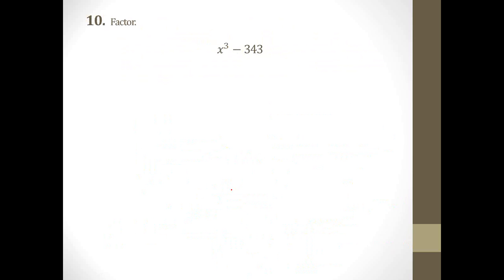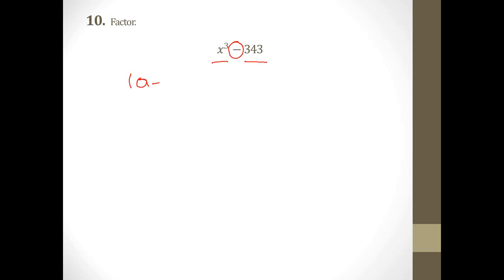Okay, so we have here a perfect cube on one side, a perfect cube on the other side, separated by a negative sign or minus sign, if you will. This calls for a difference of cubes. Let's pull out the formula.